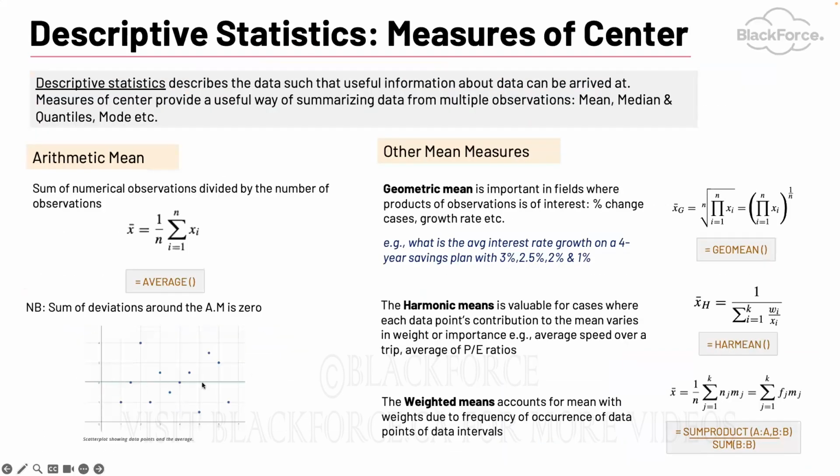If the mean here is 2 and we're looking at all the y-axis values, this data point where y is 1 is minus 1 because it's 1 less. This one above is 4, so that's 2. That's the distance, and the sum of all these will be 0. The negative ones are canceling out the positive ones, obviously.